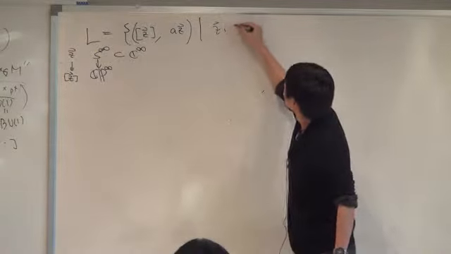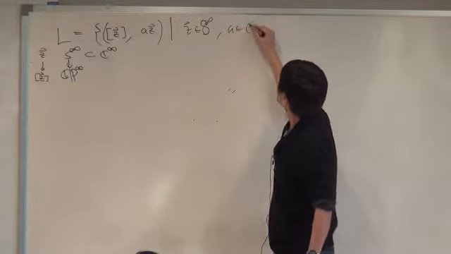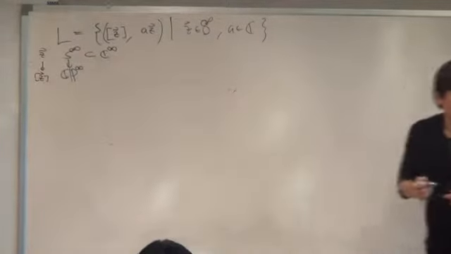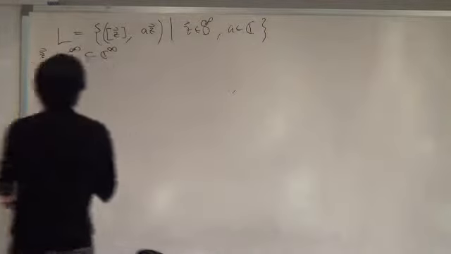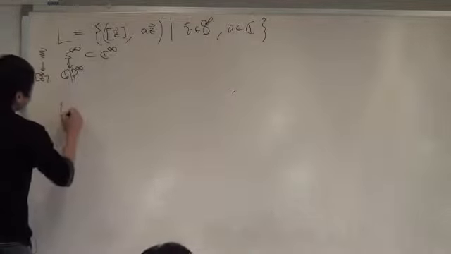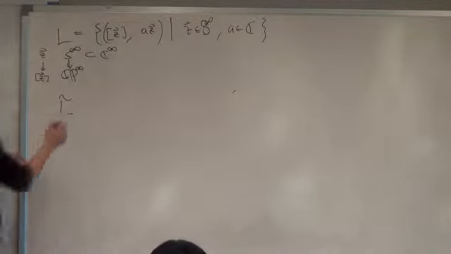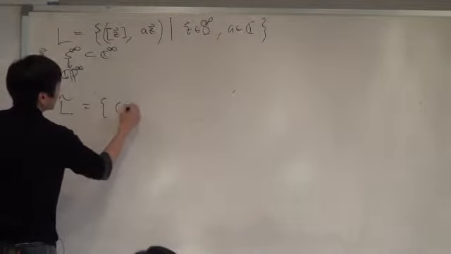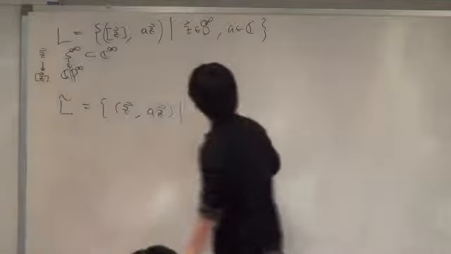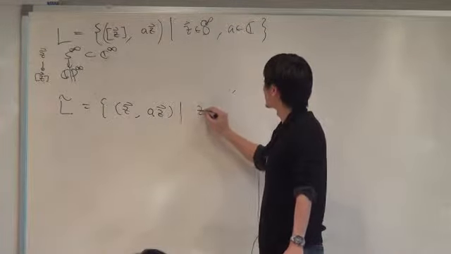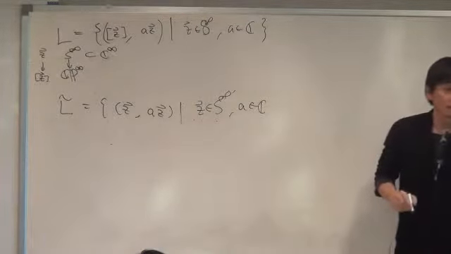So a is just any complex number, and that gives you a line over a point of CP infinity, right? So let's take this L infinity, just lift this tautological bundle to S infinity. So this is just a pair (z, az), where z is in S infinity and a is in C. Yeah?